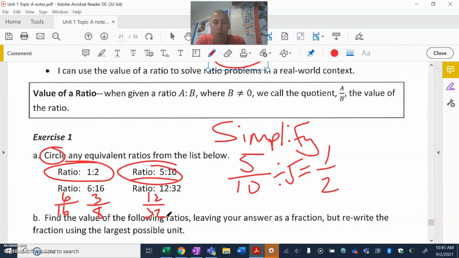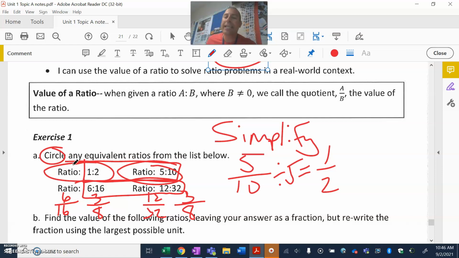Divide by 4: 12 divided by 4 is 3, and 32 divided by 4 is 8. Oh my goodness, they matched up. So these are equivalent ratios. The other ones were not; 5 to 10 is not equivalent to them.